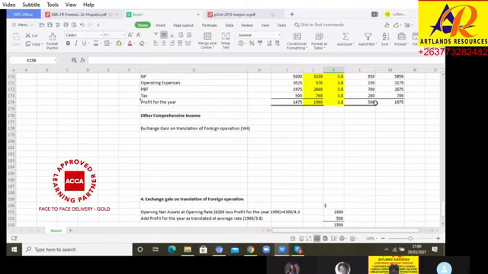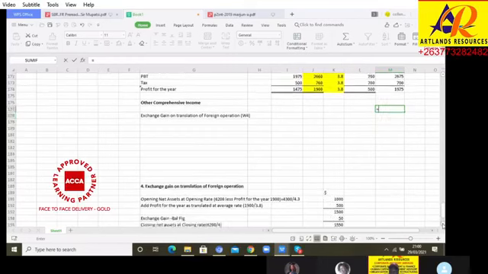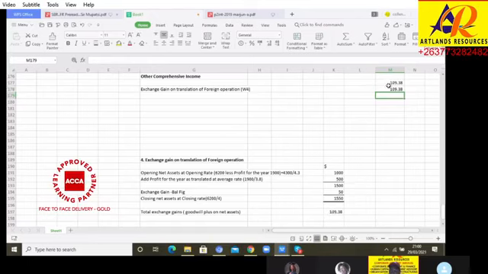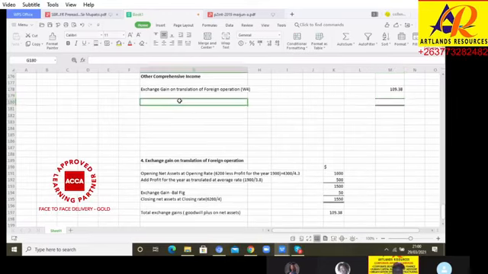So you add 109 here, equals 109, like that. And then 109.38 equals this. I put it in a wrong column, in a wrong cell. 109.38, and then you get total comprehensive income for the year.